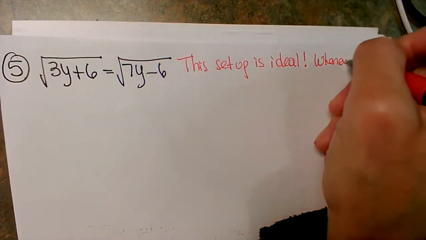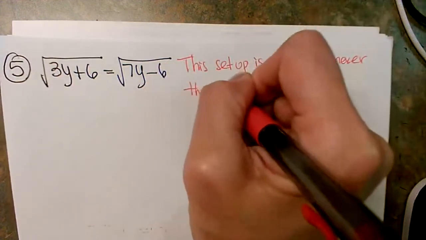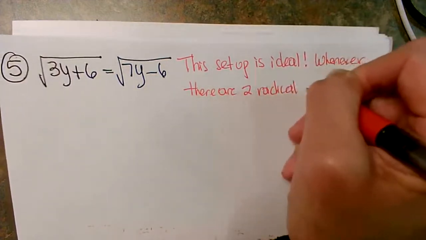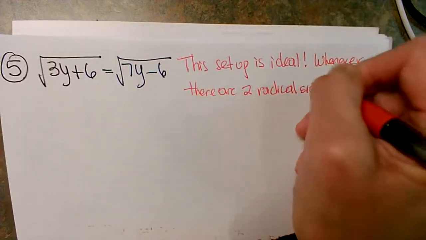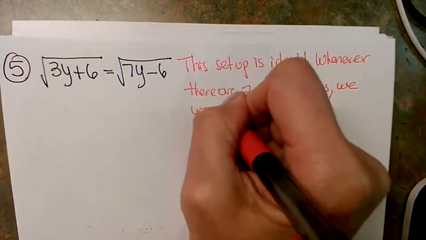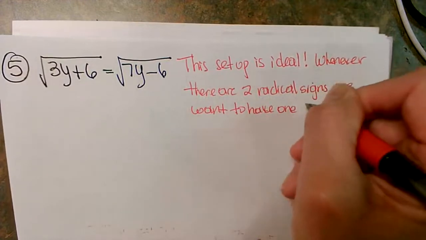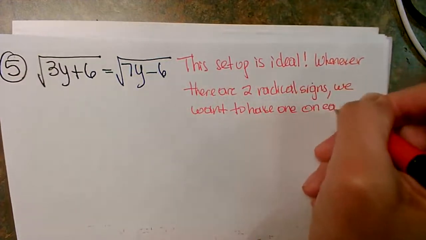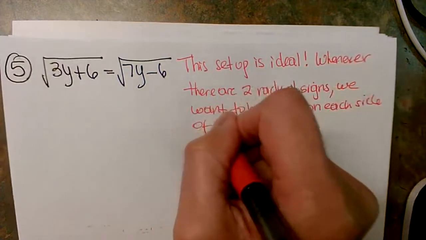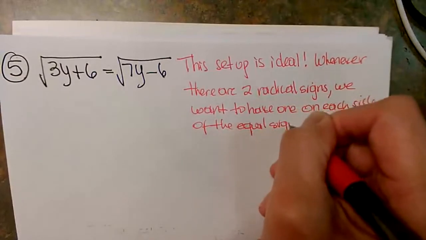Whenever there are two radical signs, we want to have one on each side of the equal sign.